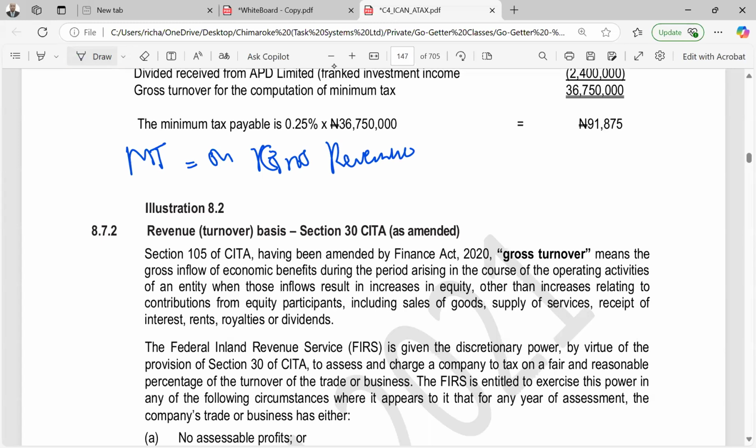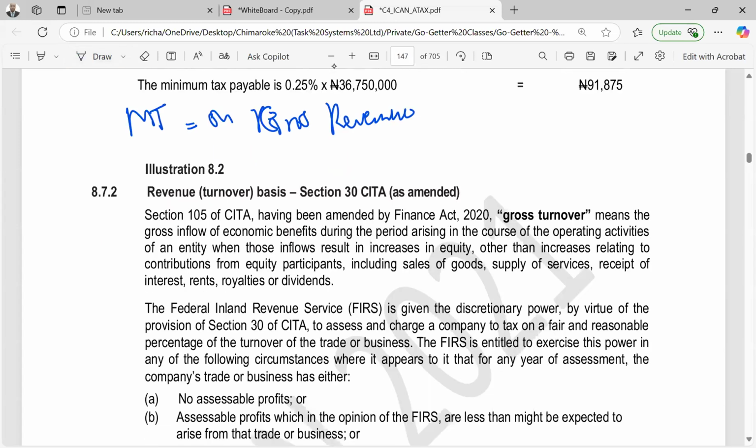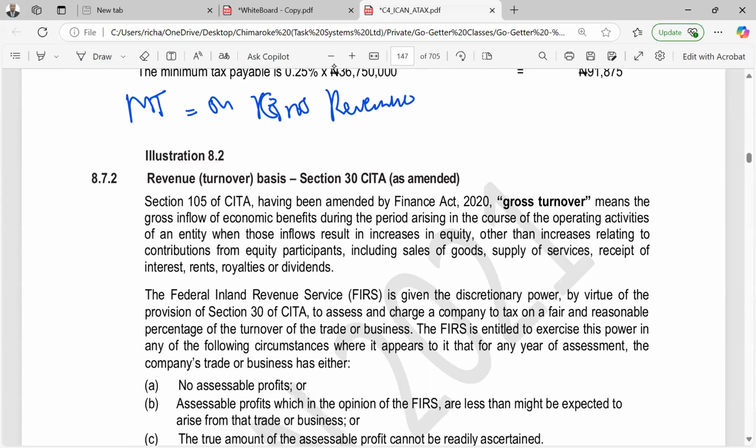Now look at revenue basis. You'll be wondering, minimum tax is on gross revenue, what then is the gross revenue basis? We now say that gross turnover means all the income that we got less franked investment income, isn't it? All right, so that is what we know.